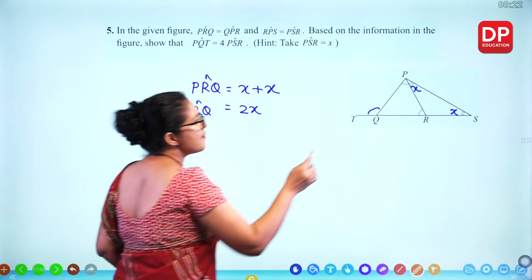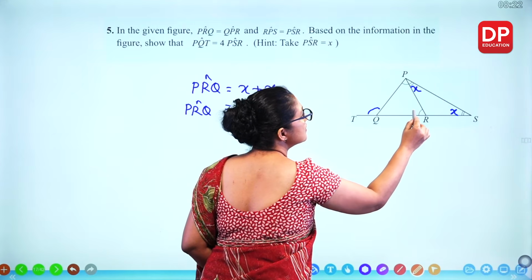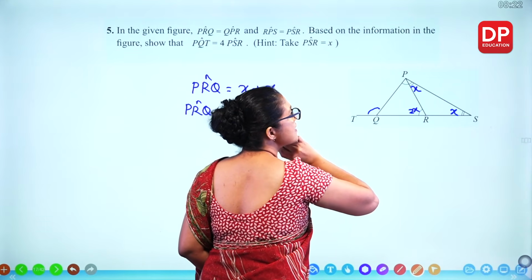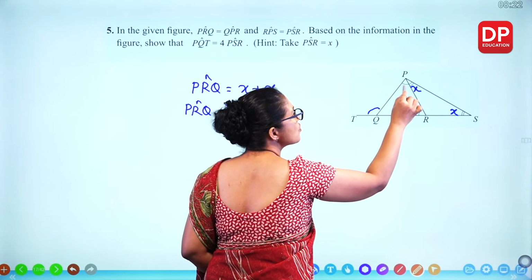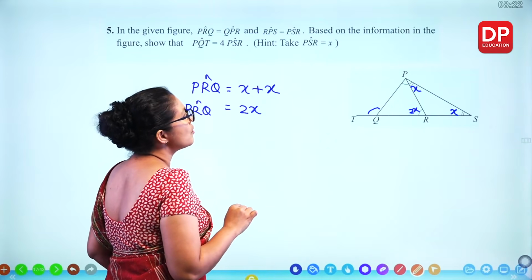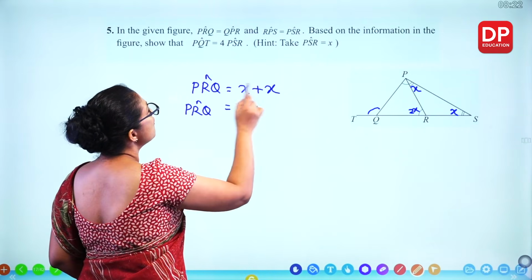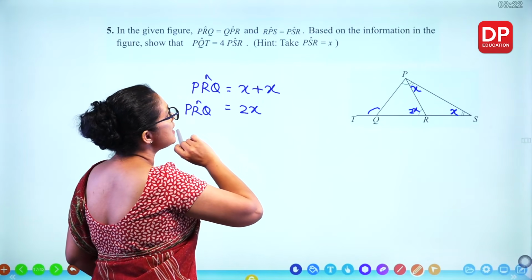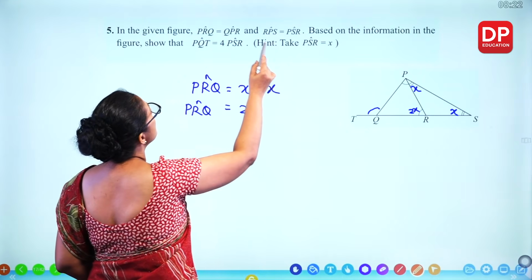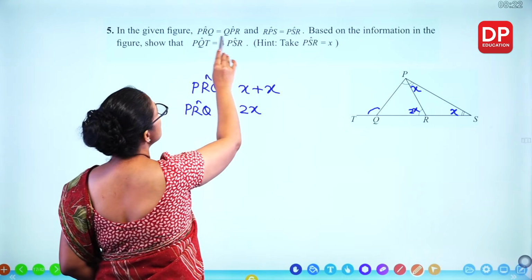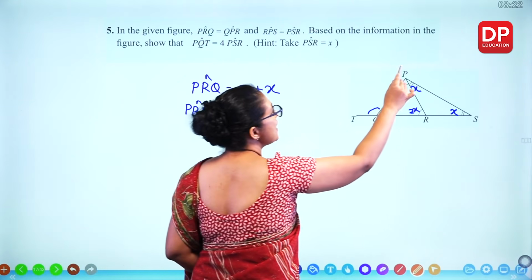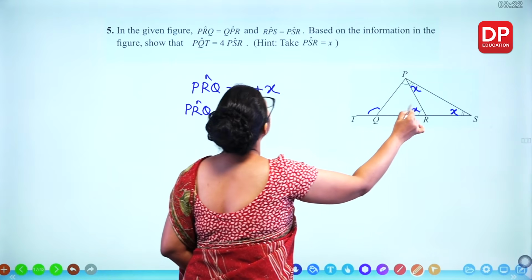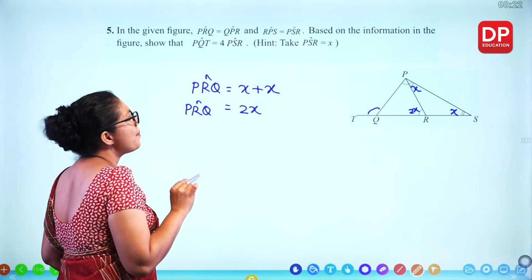And I can write this angle plus this angle. Can you see this is also equal? So according to this given information, PRT or here this one PRQ, this angle is same as QPR.